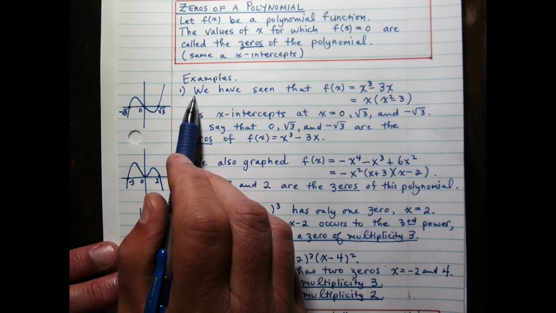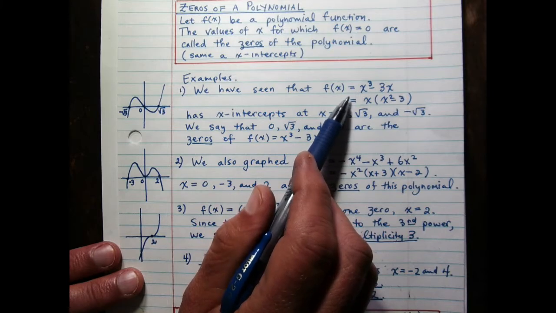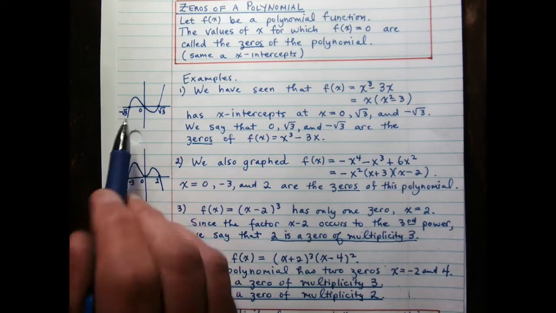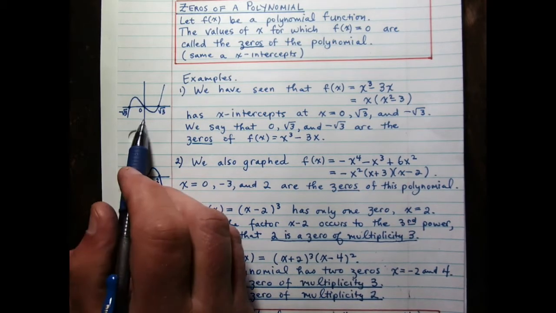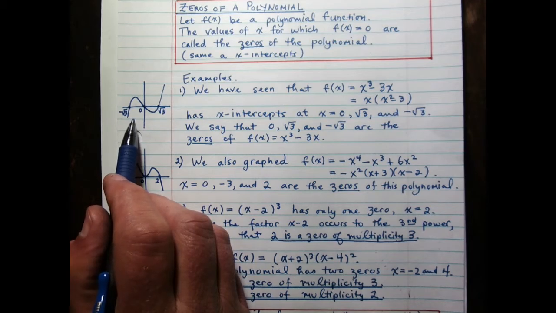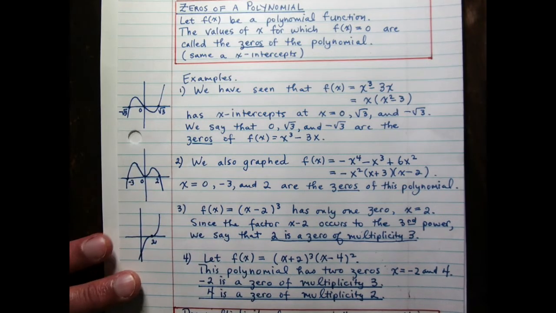So example 1, we've looked at the function f of x equals x cubed minus 3x, and we graphed it. There's a little version of the graph here on the side. So we would say the zeros of this polynomial are 0, square root of 3, and negative square root of 3.